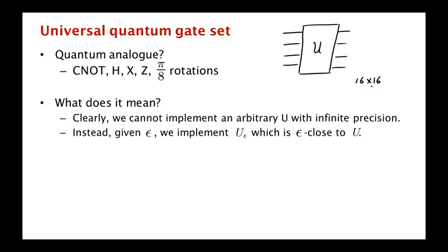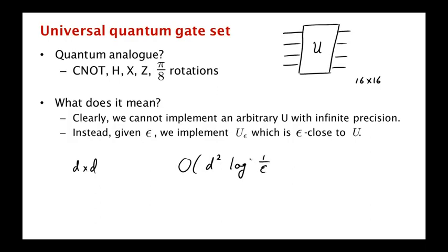So instead, for any given epsilon, we'll implement an approximation U sub epsilon, which is epsilon close to U. And it turns out that if U is given by a D by D matrix, and you want to be epsilon close to the answer, the number of these elementary gates that we need scales roughly like D squared times some polynomial in log 1 over epsilon.